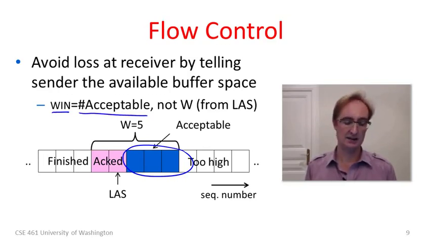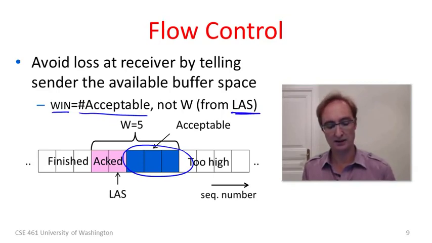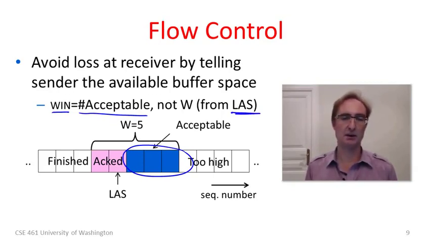We want to tell it that, and not information about W, which the sender knows anyhow. And this win number of acceptable buffers is measured from LAS, from where you sent the last ack, because they're the next higher segments which could be received.